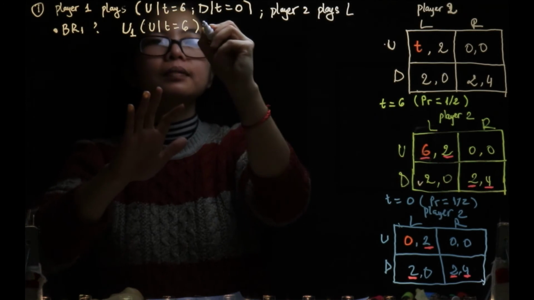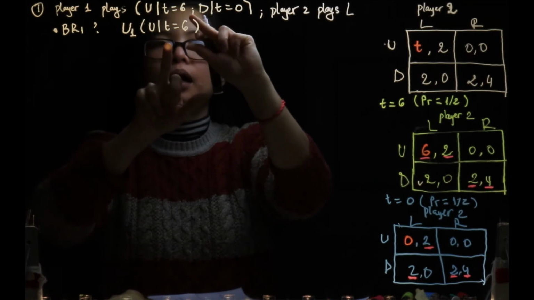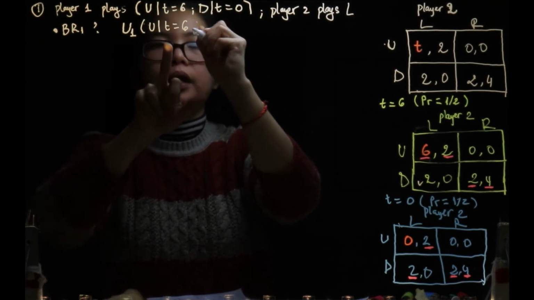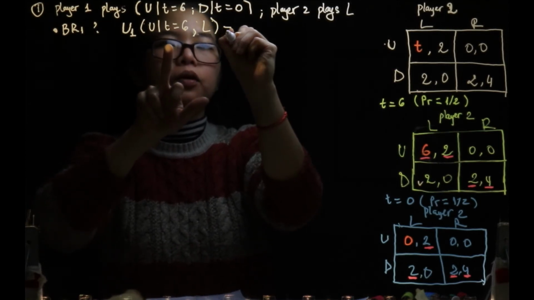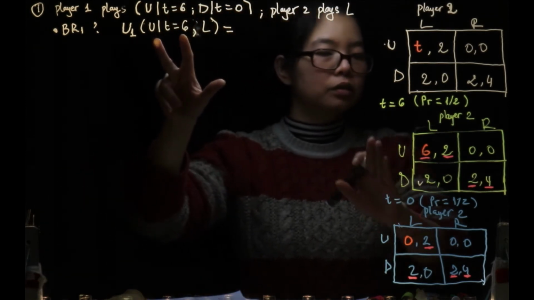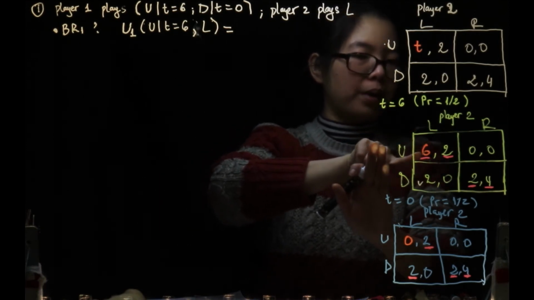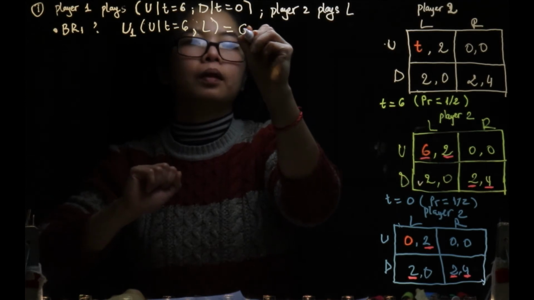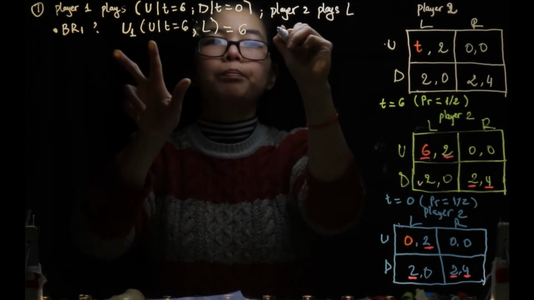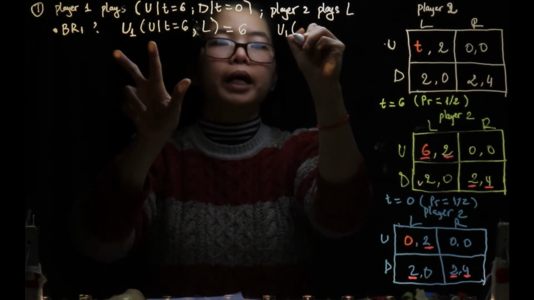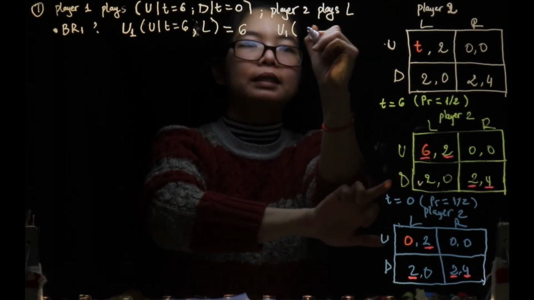So when player 2 plays left and t equals 6, look at this matrix: up, left, the payoff of player 1 is 6, right? Now compare, in the same type, his payoff when he plays the other strategy, which is down.